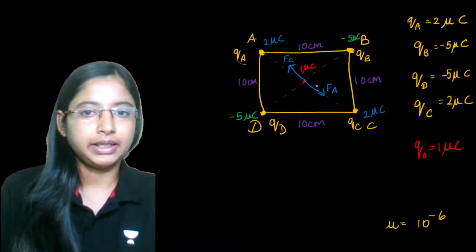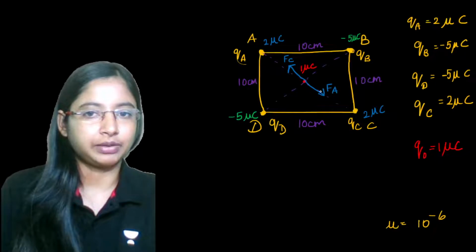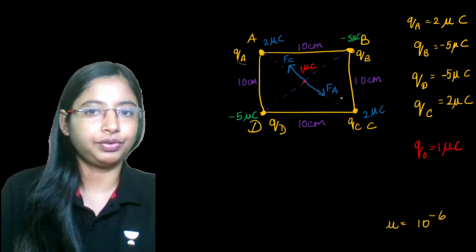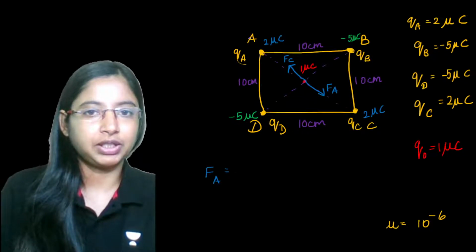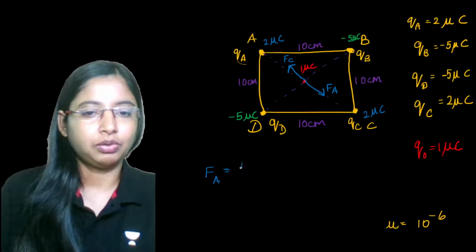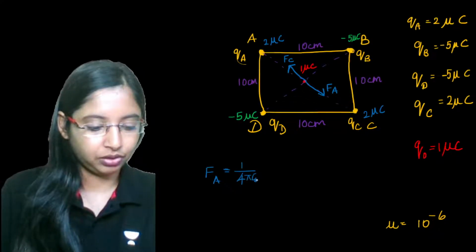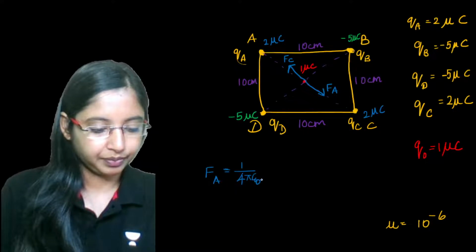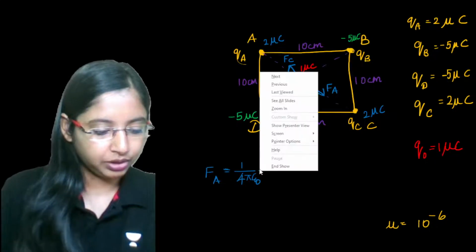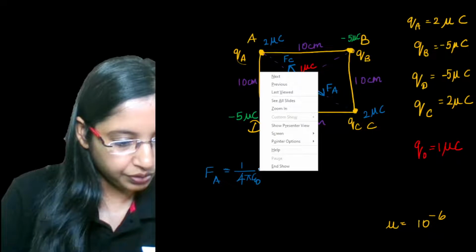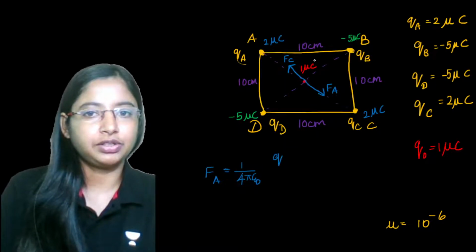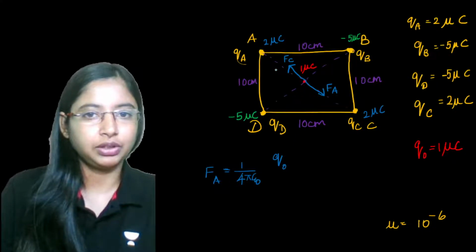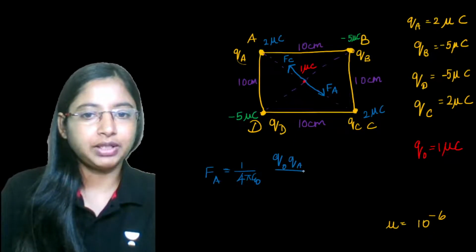Now, on one side, there are 2 equal and opposite forces acting, because if you see the magnitude, if you calculate the force on this test charge because of the charge that is kept at A, this will basically be 1 by 4 pi epsilon naught, Q naught into QA divided by R square.